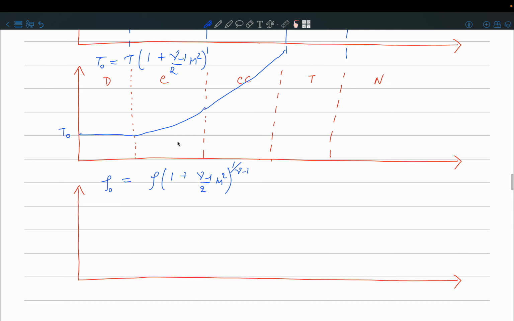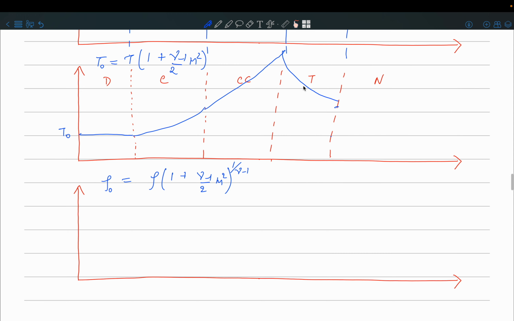We know that in the nozzle the stagnation temperature is going to remain same. So will T naught drop up till this value, or will it be much higher? Well, it will be much higher because your exhaust velocity is different, right?